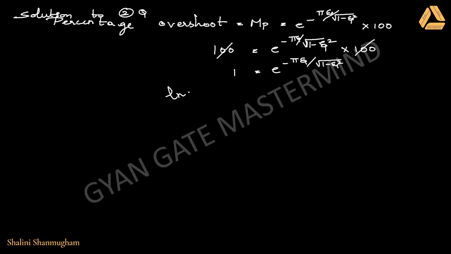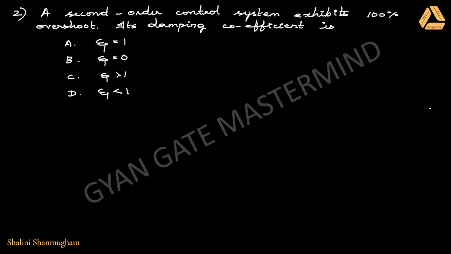Taking ln on both sides, we'll be getting minus pi psi by root of 1 minus psi square equal to 0. So from this, psi is 0. So the answer is the damping coefficient must be 0 for the control system to exhibit 100% overshoot.